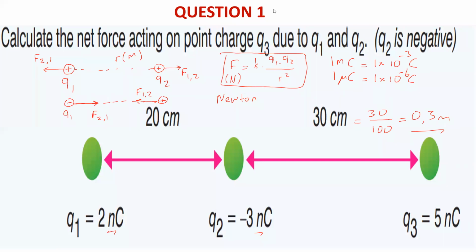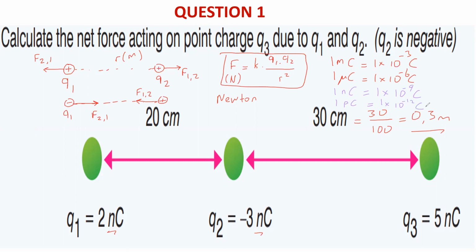So next one, what we have, let's change color. Okay, if you have NC, 1 nano coulomb, just like this question, NC equals 1 times 10 to the power of negative 9 coulombs. Sometimes you see PC, pico coulomb, 1 times 10 to the power of negative 12 coulombs.